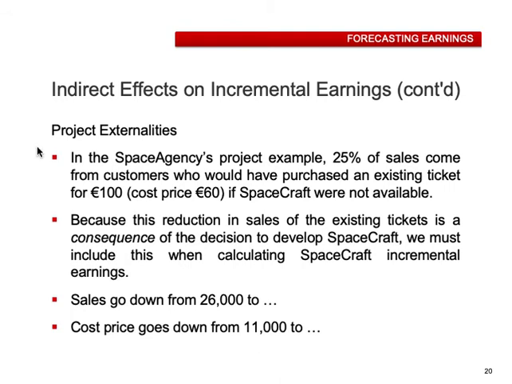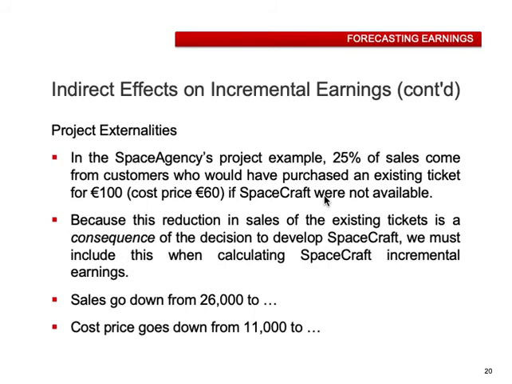Let's further look at how to include cannibalization into our financial model. How does that work? Space Agency is telling us that 25% of sales come from customers who would have purchased an existing ticket for 100 euros at a cost of 60 if SpaceCraft were not available. So Space Agency is the corporate, operating SpaceCraft among many other projects, and they are telling us that 25% of sales are not unique to SpaceCraft.